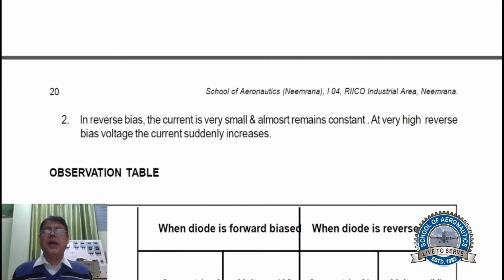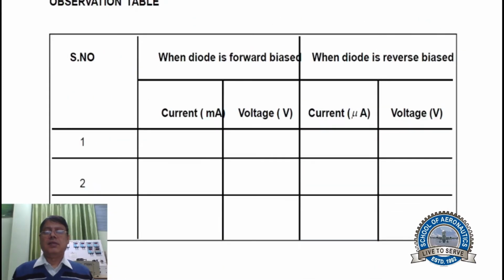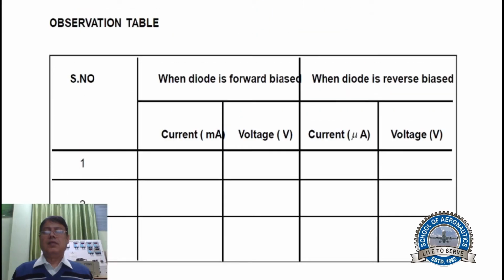At a very high reverse bias voltage, the current suddenly increases. Observation table. When the diode is forward biased, note down current in milliampere and voltage in volt V. When the diode is reverse biased, note down current in microampere and voltage in V.